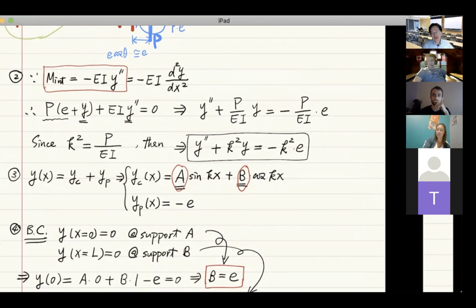Right. In order to really understand, okay, let me try this. Suppose you have a second order differential equation in a form like this.